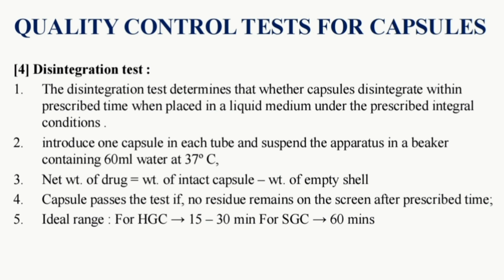Net weight of the drug is equal to the weight of the intact capsule minus the weight of the empty shell. The capsule passes the test if no residue remains on the screen after the prescribed time. The ideal range for the HGC will be 15 to 30 minutes, and for SGC, that is soft gelatin capsule, it will be 60 minutes.